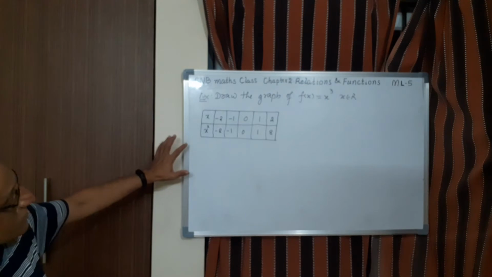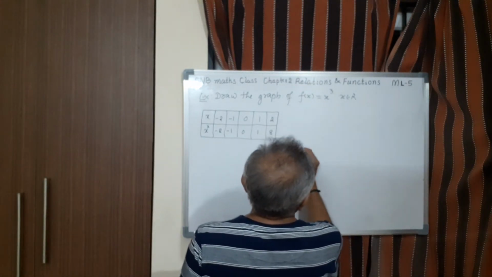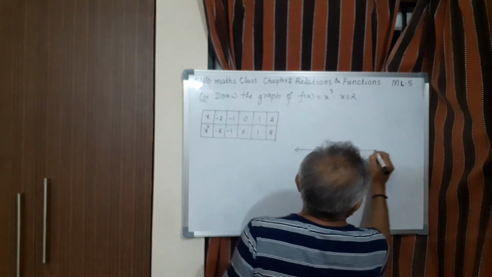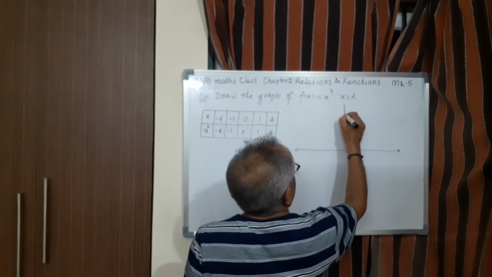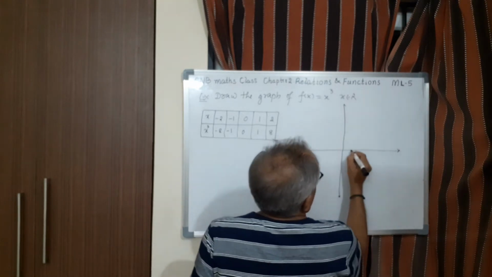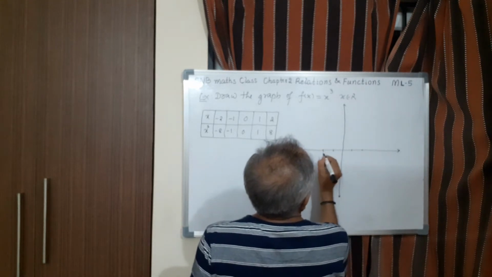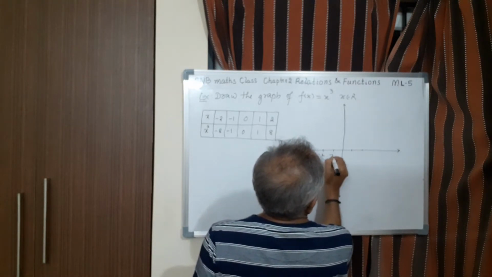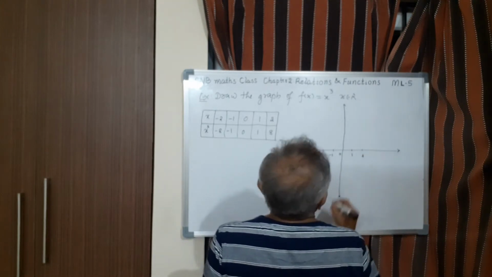So now we have to draw the graph of this one. So let us take 1, 2, minus 2, minus 1, then 0, 1, 2, then it is 8.